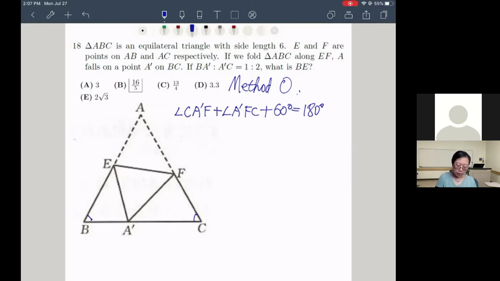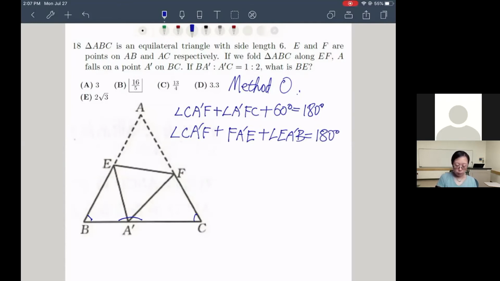Now let's look at this one. If we add CA prime F and FA prime E and EA prime B, it is also 180 degrees because they form a straight line, right?